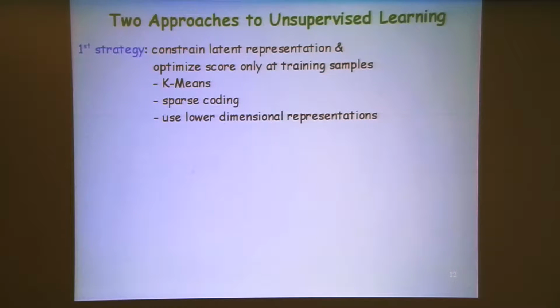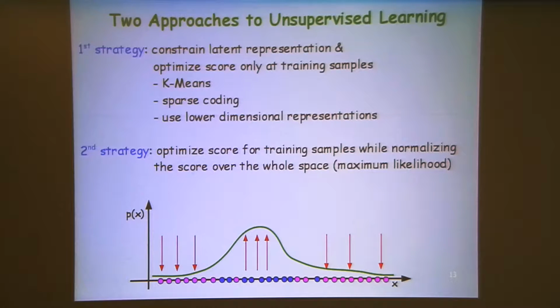There is another strategy, and there are many more actually, that is very popular. And that is the maximum likelihood strategy, where at training time, what you are trying to do is to increase the likelihood of your training samples. But at the same time, you force your model to produce a distribution which is normalized over the input space. So now if you increase the likelihood at some regions of the space, by construction, you're going to decrease it elsewhere, because you want to enforce normalization to 1.